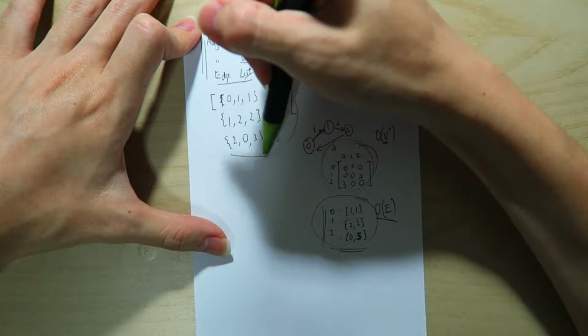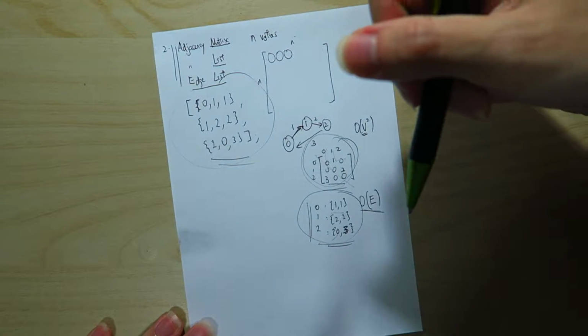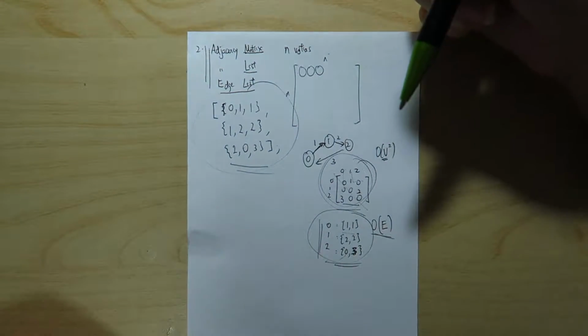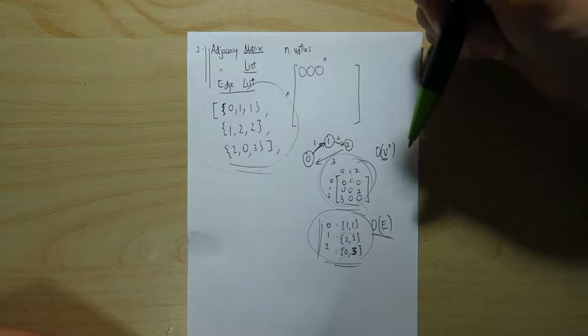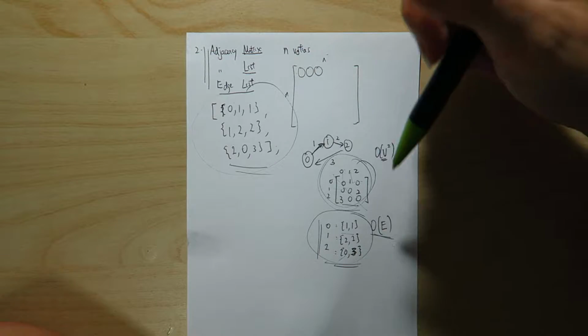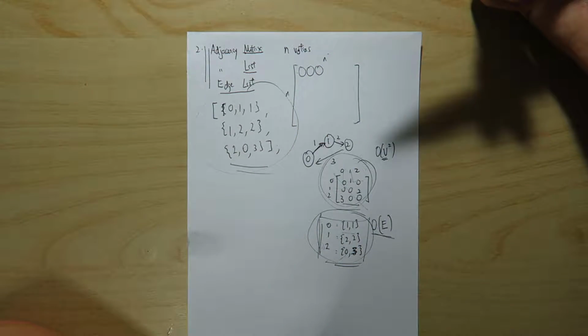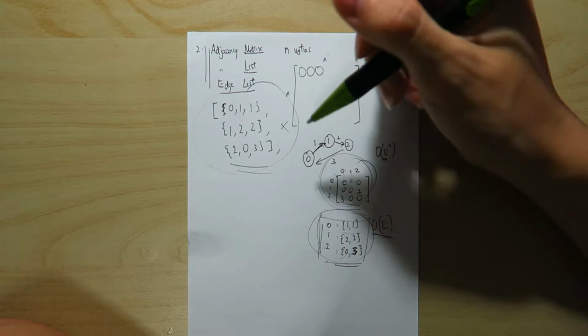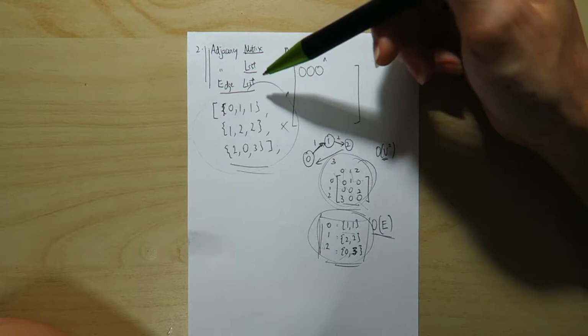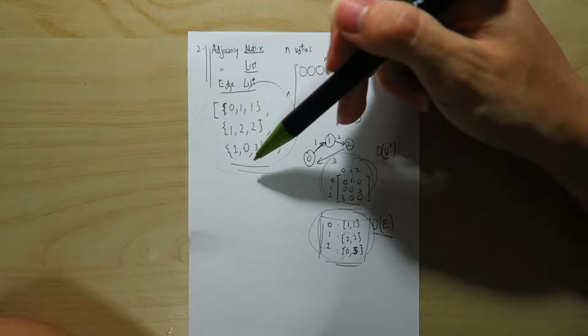So which type of way you want to store your graph depends on what application you want to use. So usually, let's say if you want to do a lot of neighbor queries, then edge list would not really make sense, because it's very difficult to find out, from a list of edges, whether 0 is connected to, let's say, 2.